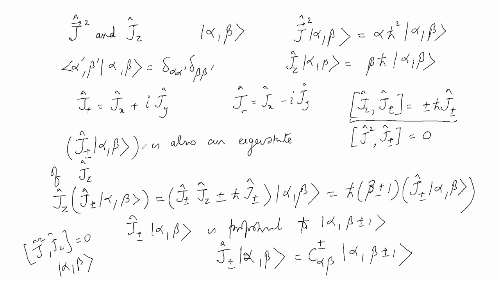We have shown that J plus minus alpha beta is also a possible eigenstate of Jz. Using this property, it should also be an acceptable eigenstate for the operator J square. And this I am going to write: J square J plus minus alpha beta.